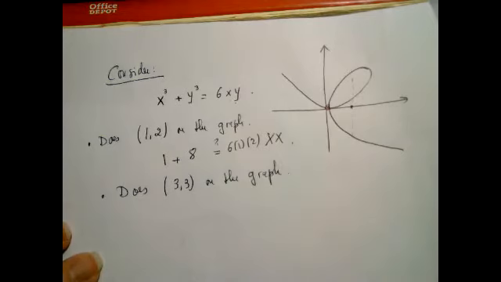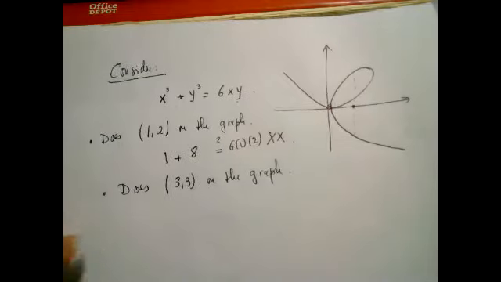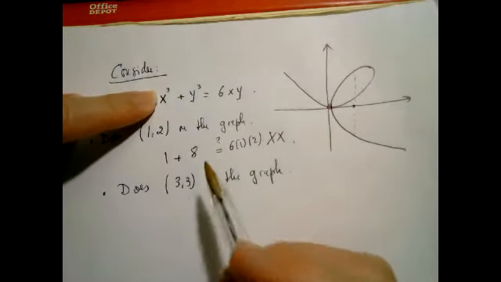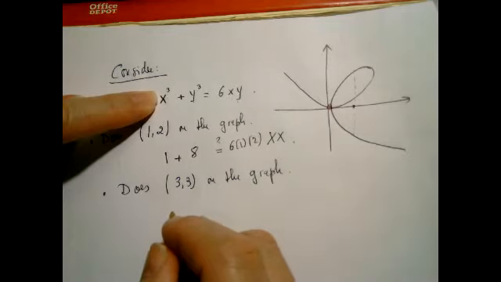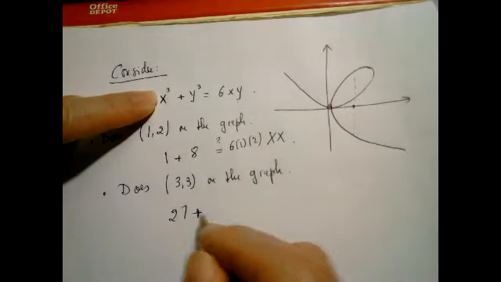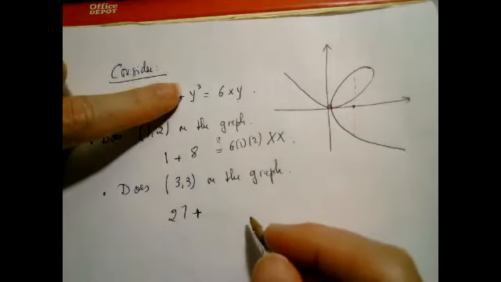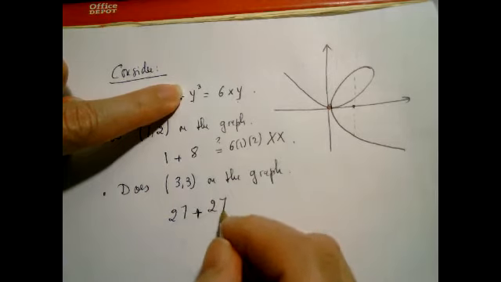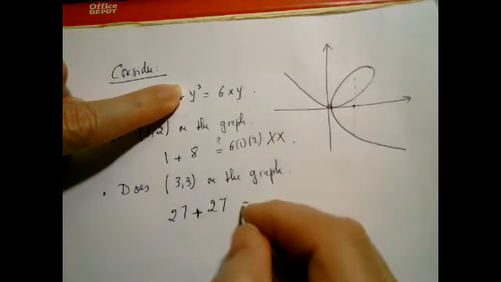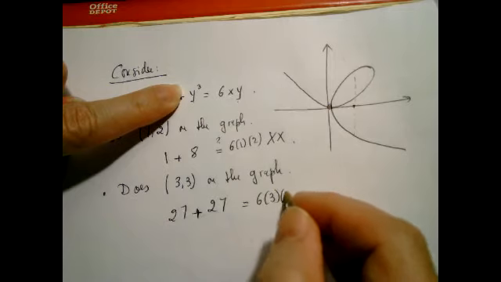I don't know. What do you think? Everybody, is it? Okay, if I plug in 3 for x, what would I get? 3 to the power 3 is 27. And I plug in 3 for y, 27. Is it equal to 6 times 3 times 3?